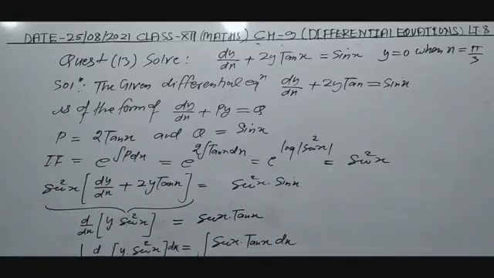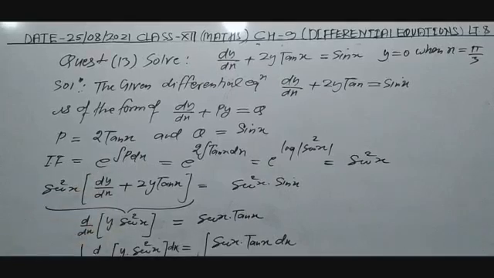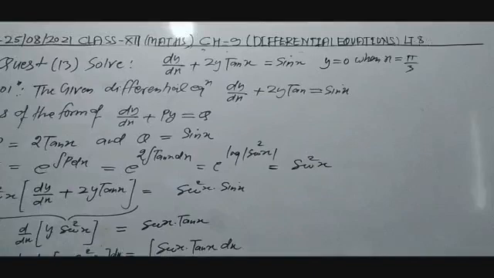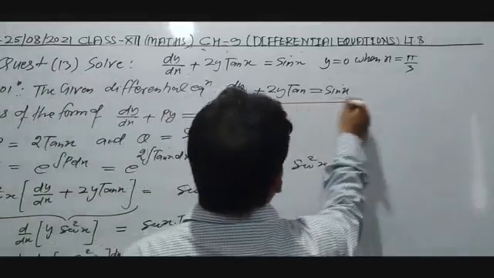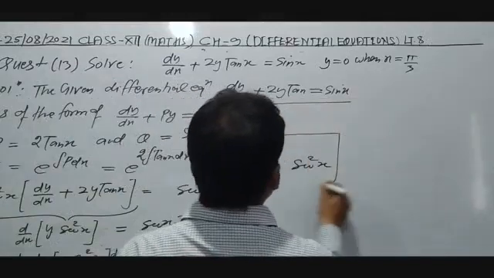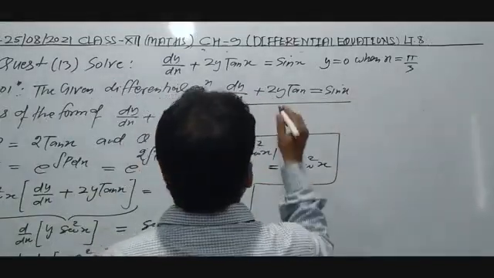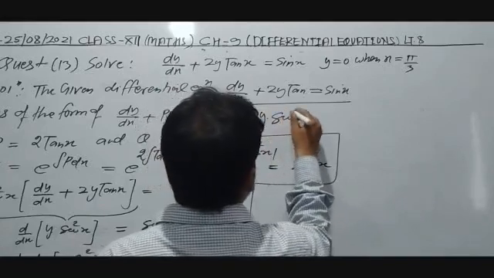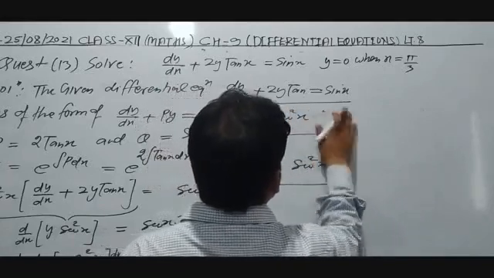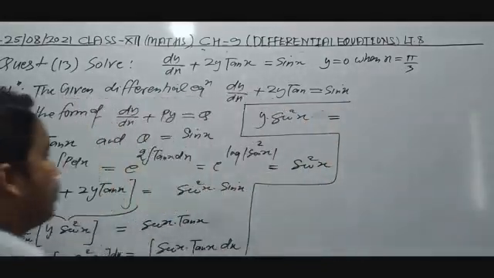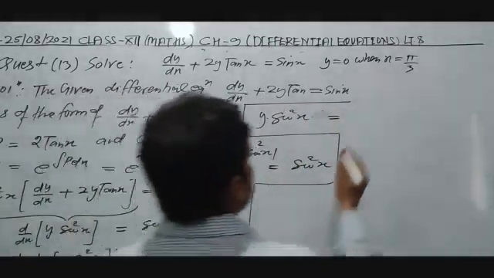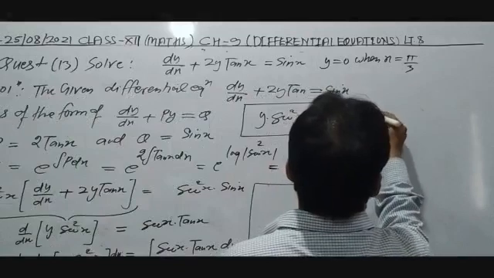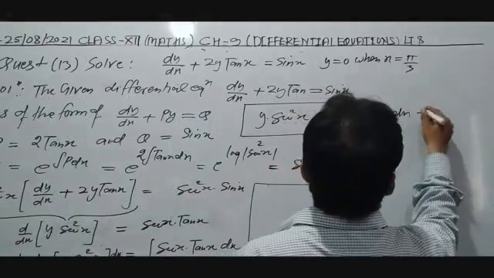Now, again I am repeating these steps: this is the result of y times sec²x, which is equal to its integration, sec x plus c.